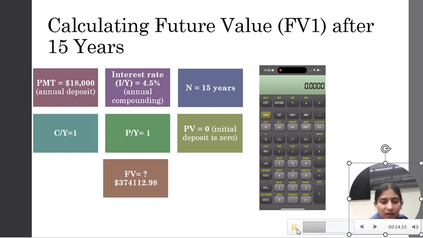We find that the future value FV after 15 years of making these deposits is approximately $374,112.98. This means after 15 years of making annual deposits of $1,800, the employee will have accumulated $374,112.98 in their savings plan.